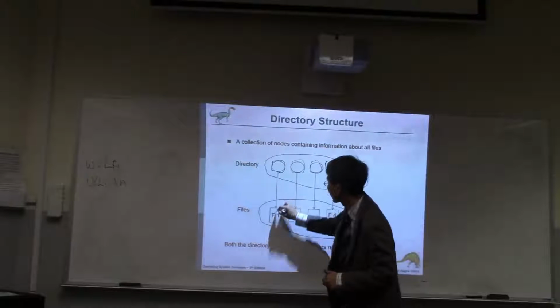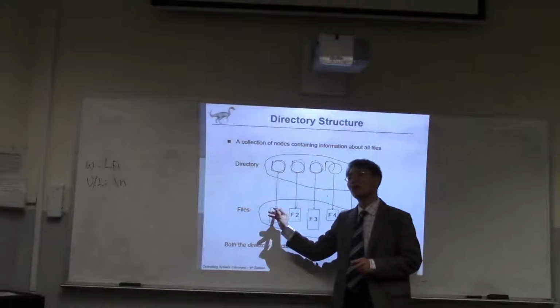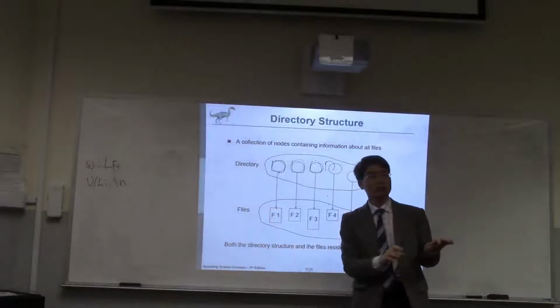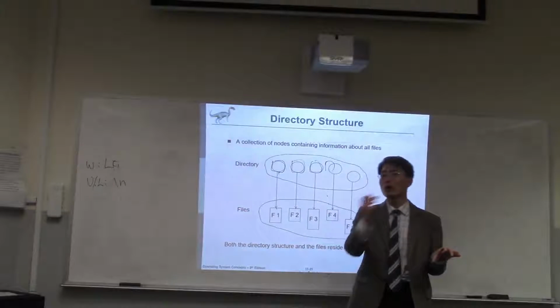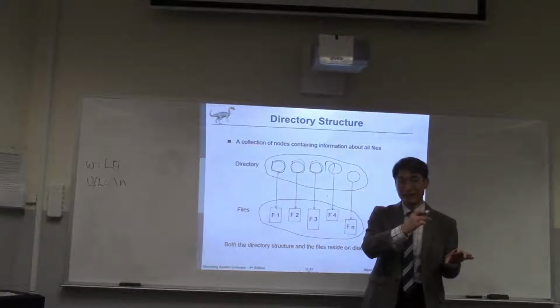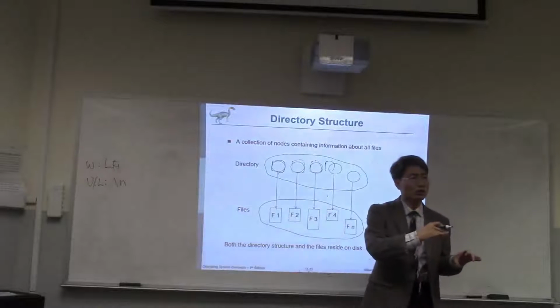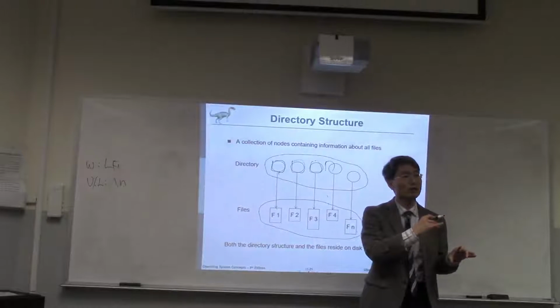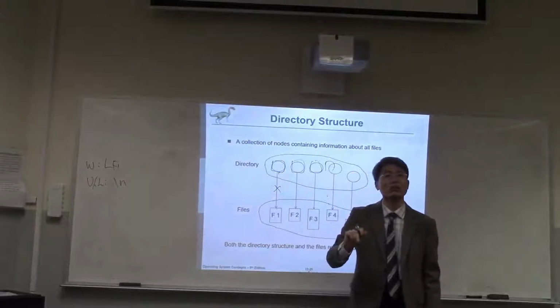Okay, then that points to the real file. Because of that, even though you delete the file, first, when you delete a file in the Windows system, it goes to the recycling bin. Then if you flush the recycling bin, is it really deleted? Actually, it just disconnects this one.